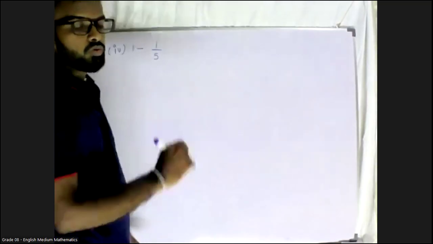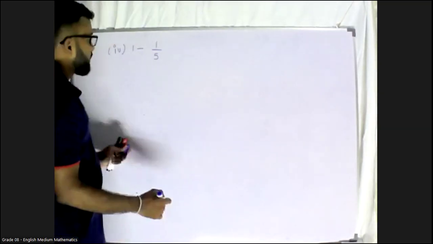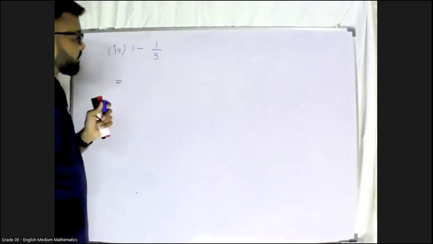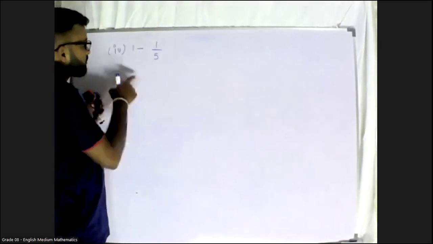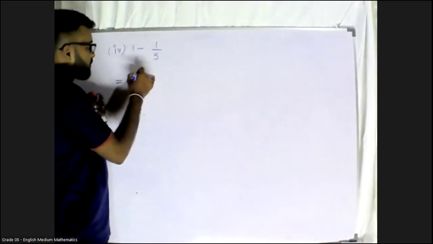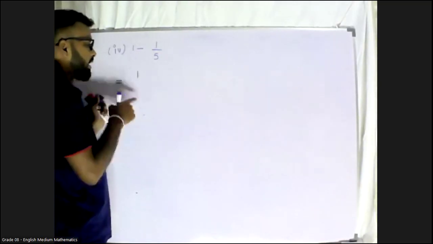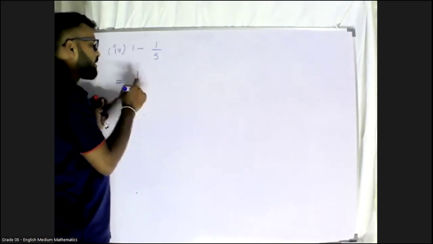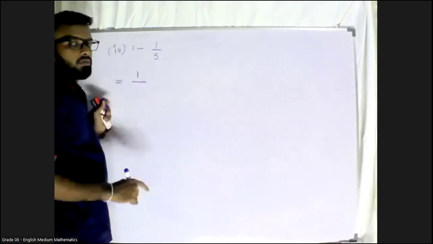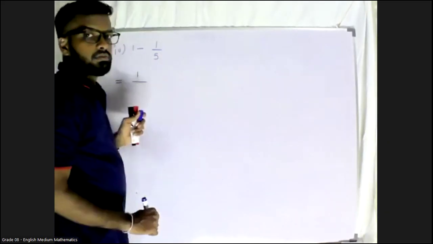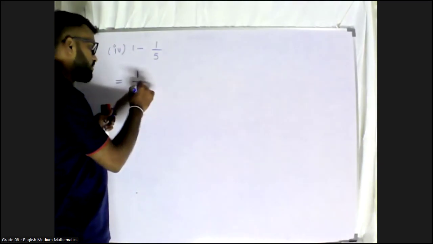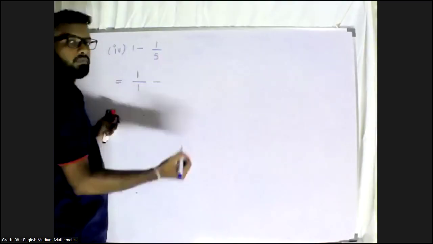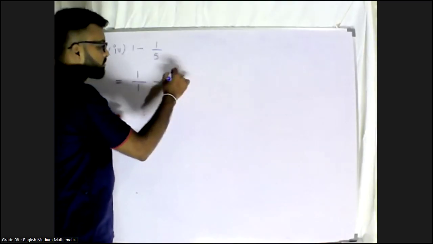So how do you do this? I will put equal mark here. Here you have 1, and it is the numerator. And under this one, what is the number that you are having? It is again 1, and you can put minus and 1 over 5.